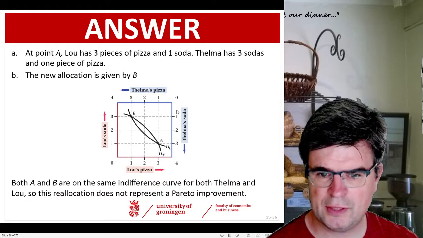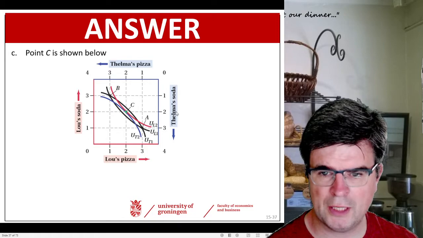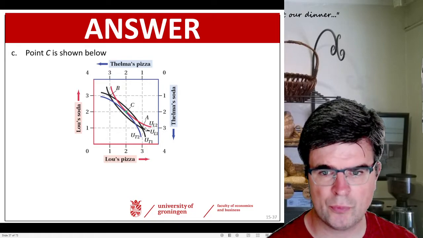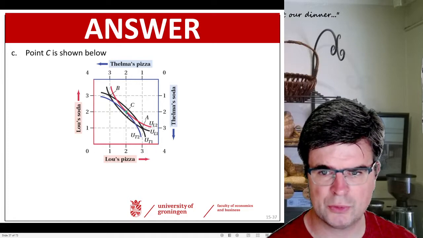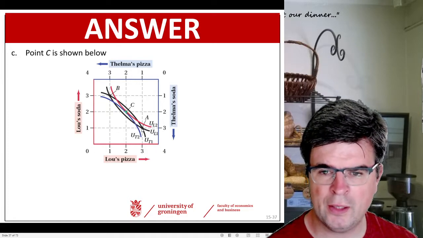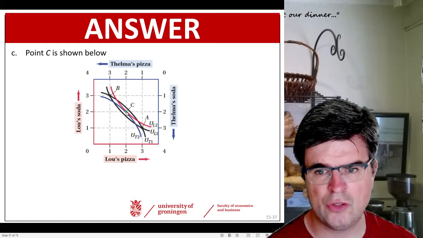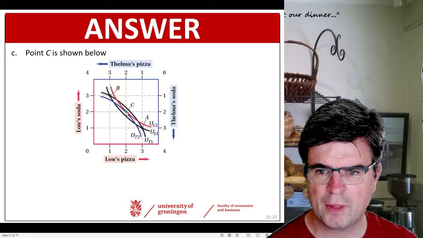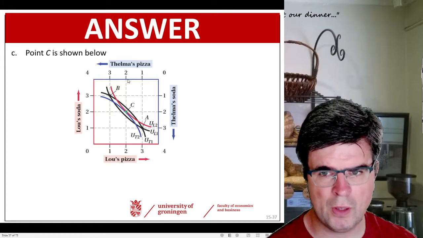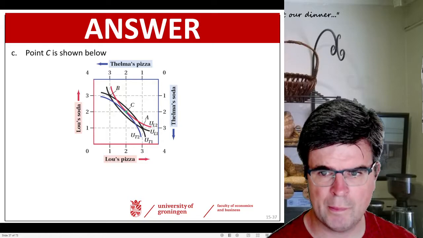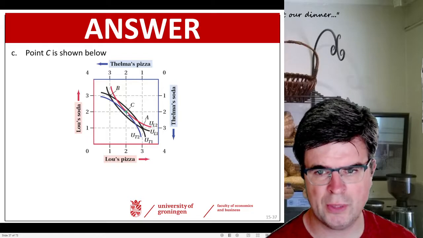Then question C. Suppose now we give one of Thelma's sodas to Lou and one of Lou's pizzas to Thelma. Then we go from allocation A to allocation C, which is the green dot given over here. At that allocation, both Thelma and Lou have 2 pizzas, and they also both have 2 sodas.